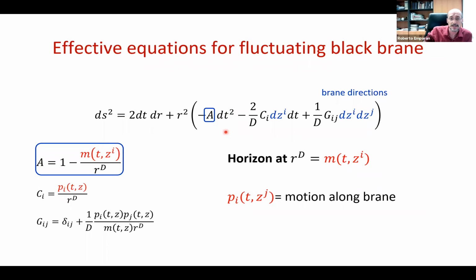I should put the figures here too. I don't know why I forgot them. Part of the Einstein equations have been solved for this metric. The radial dependence has been solved, but the rest of the equations are not solved. The rest are those effective equations that I showed earlier, which only depend on T and C.